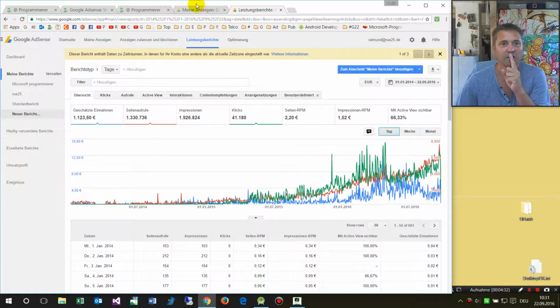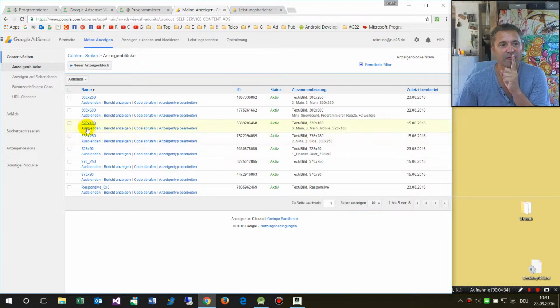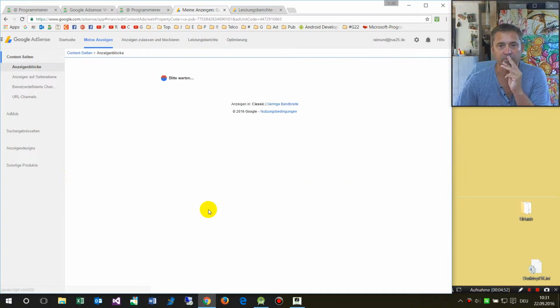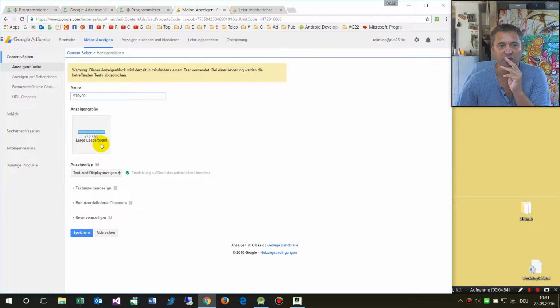It dropped because I had activated, for all advertisements, that there's text and picture at the same time. So the big one which I had there is a large leaderboard, and now here you have the option to show it as text or display, and I want to have it only as display.